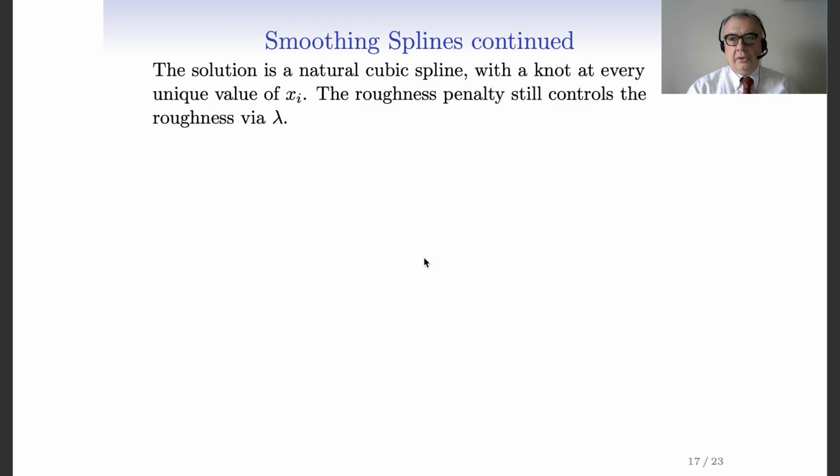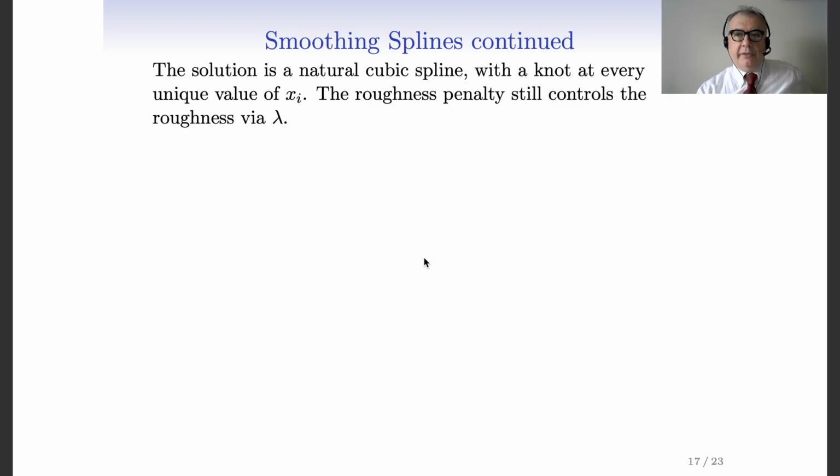And if you solve that optimization problem, in the end, you will get a natural cubic spline with a number of knots equal to 100. So this seems a huge number of knots, and it would seem that you have a model which is largely overparameterized, because we know that natural cubic splines have a number of parameters equal to the number of knots.